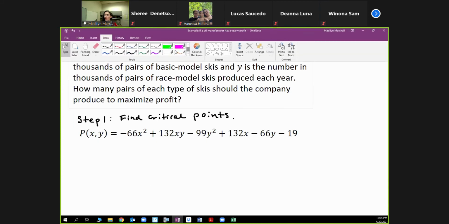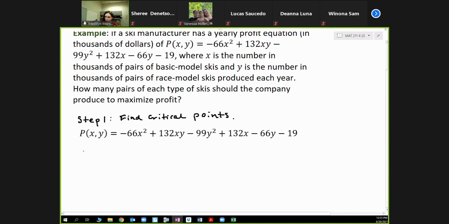So finding critical points means first finding the partial derivatives. So this is a P, so we'll just write P with a little x and P with a little y.